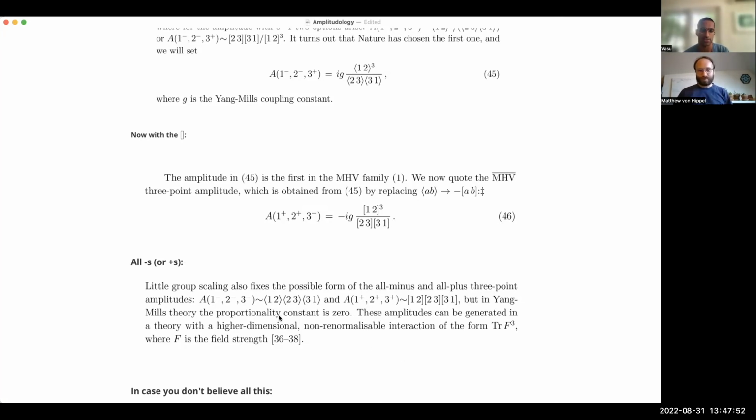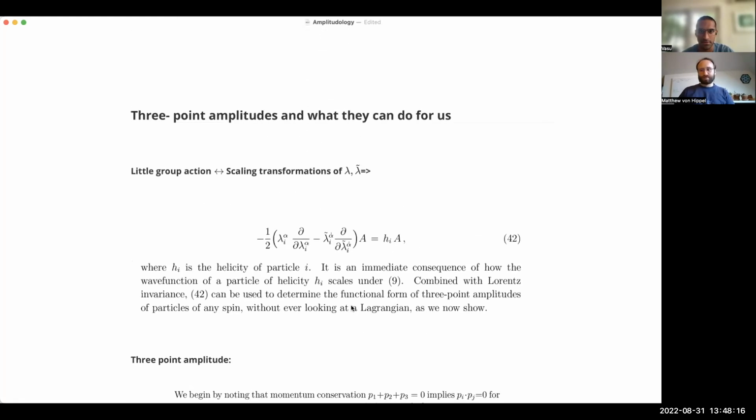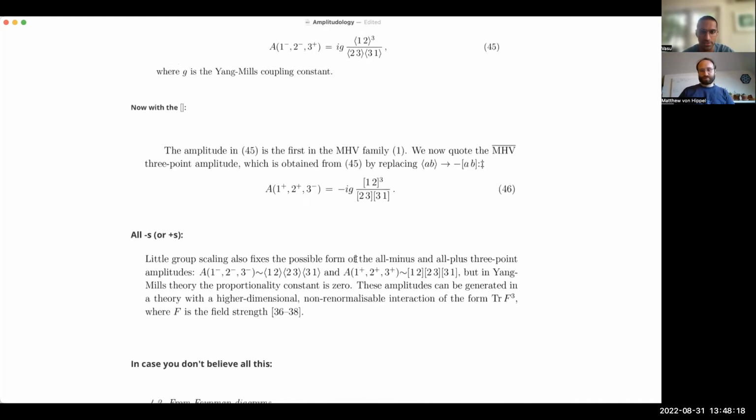Cool. Well, I guess the same logic applies to these objects when it comes to fixing their dependence on the spinors, because again, we have the scaling rules, and those will tell us that we need a certain number of lambdas or lambda tildes appearing in A so as to satisfy the right solution to this equation.